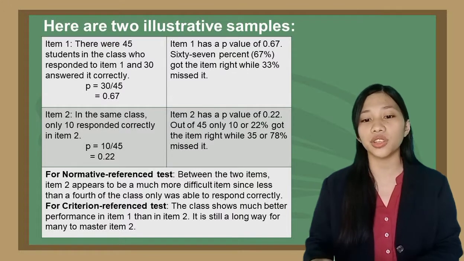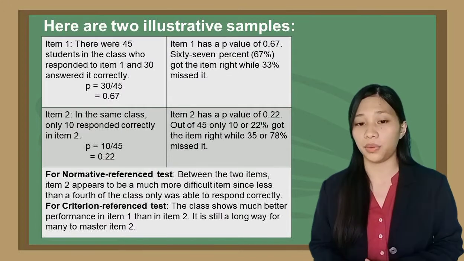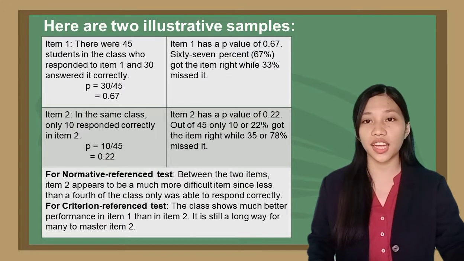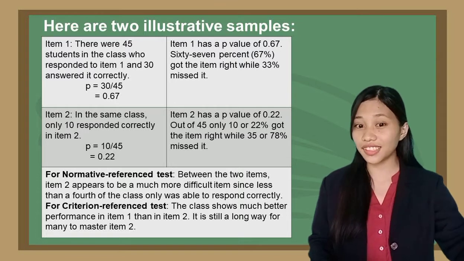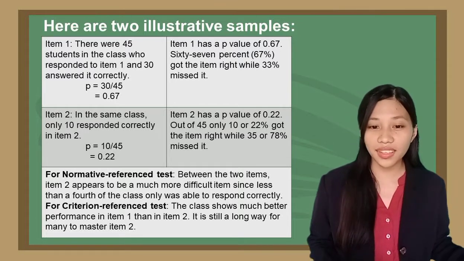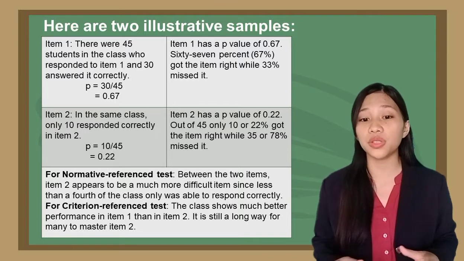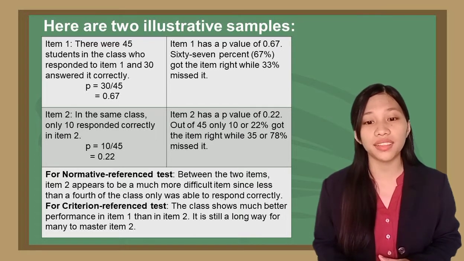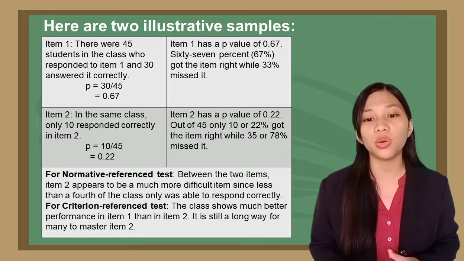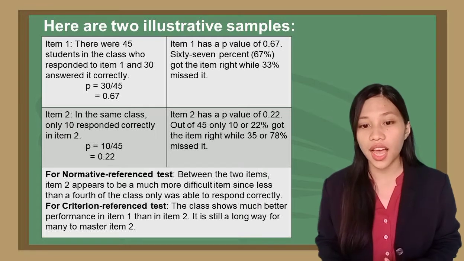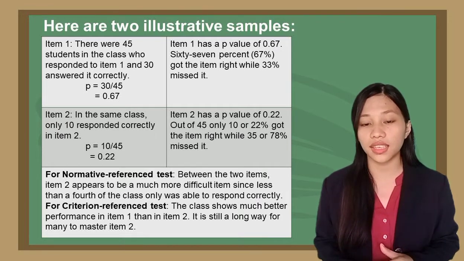So here are the two illustrative samples. As you can see on the right side, for item 1, there were 45 students in the class who responded to item 1 and 30 answered it correctly.